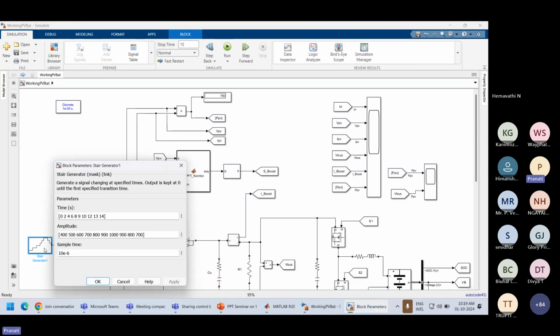We can first see from this changing. So this is mentioned in seconds: 0 second, 2 second, 4, 6, 8, 9, 10, 12, 13, 14. I have taken up to 14 seconds.